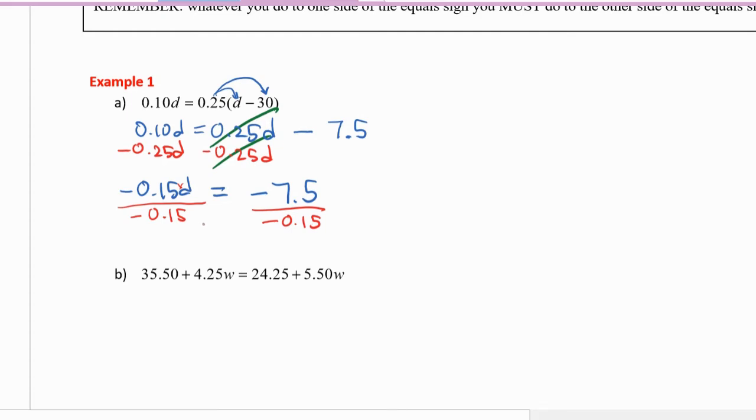Finally, d equals negative 7.5 divided by negative 0.15. If you put that into your calculator, the answer will be 50. So the answer is 50.